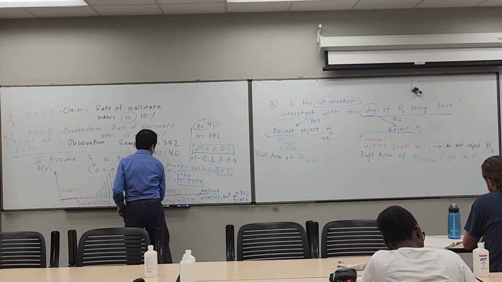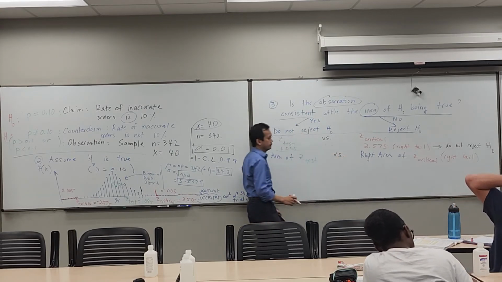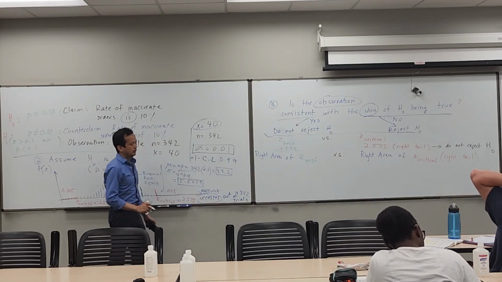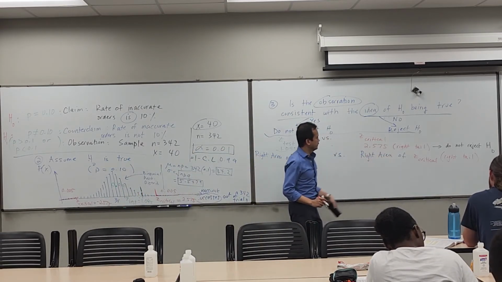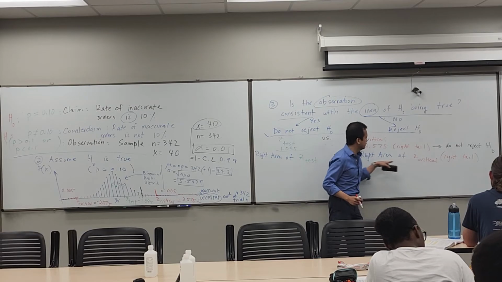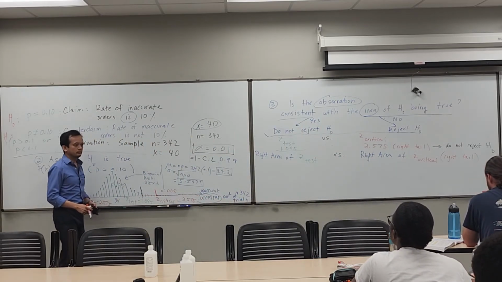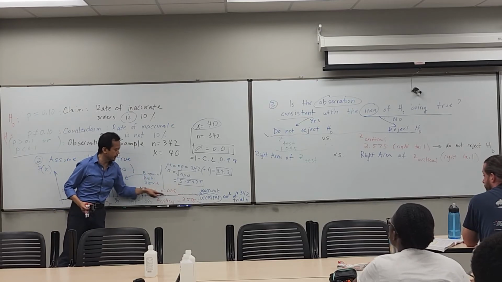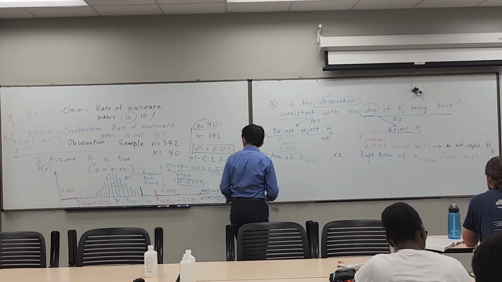So we're going to compare the area to the right of z-test versus the area to the right of z-critical. So the area to the right of z-critical, or the right tail, has a total area of how much? In this picture. So the total right area. Yeah, 0.005.